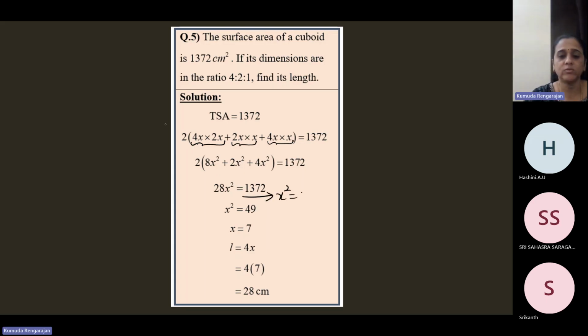So x squared is equal to 1372 divided by 28. So you get x squared is equal to 49 on simplifying. So x is equal to the square root of 49, which is 7.